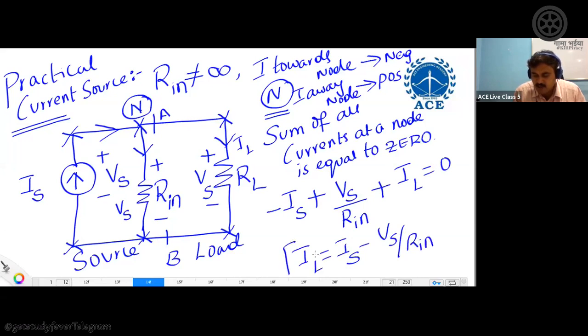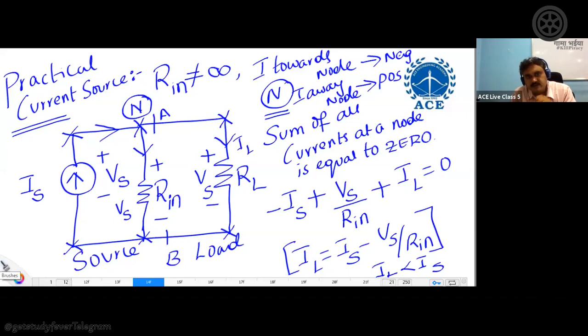Whatever value you get, this value of IL is definitely less than Is. No doubt about that. That means definitely it is not an ideal case. It's a practical case. Now, if you want the maximum current delivered to the load by the source, what is the appropriate value of RIN? Will you take a high value or a low value? The second term should be as small as possible.